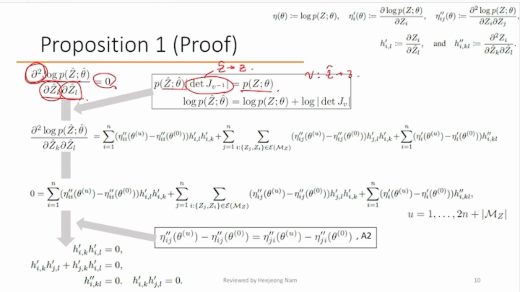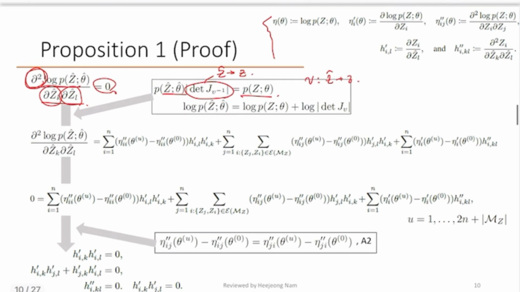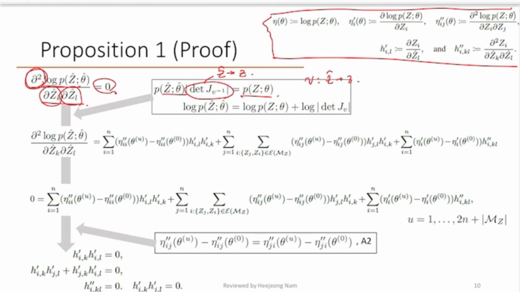By using this, we calculated the second derivative. The equation looks quite complicated, but you can see the notations on the upper right side of this page: eta and eta prime and eta double prime, h prime and h double prime.